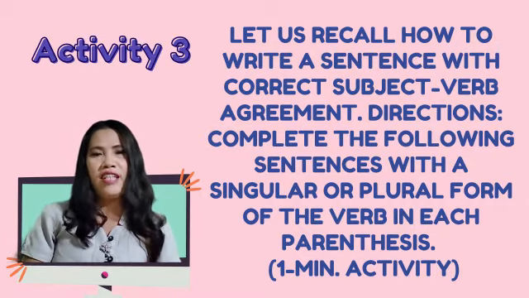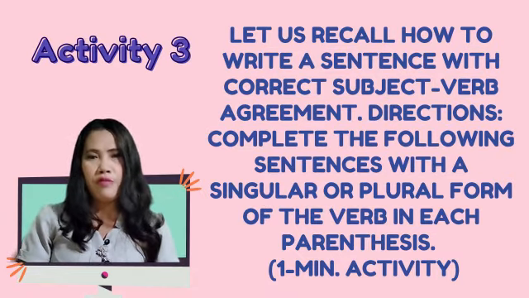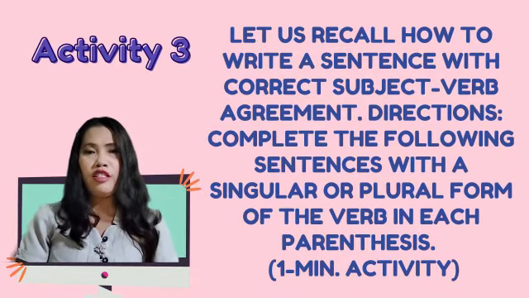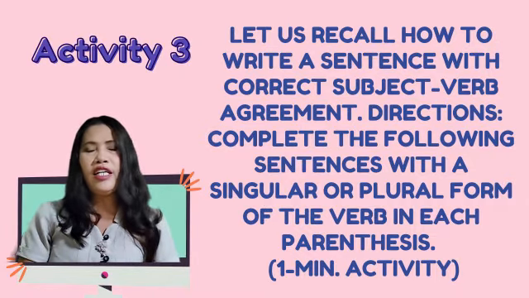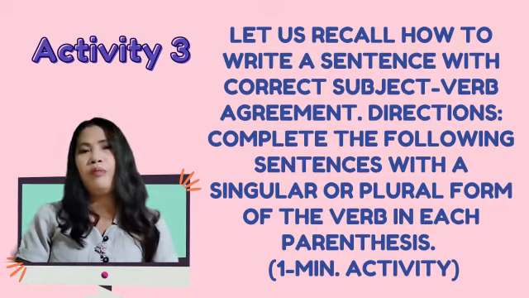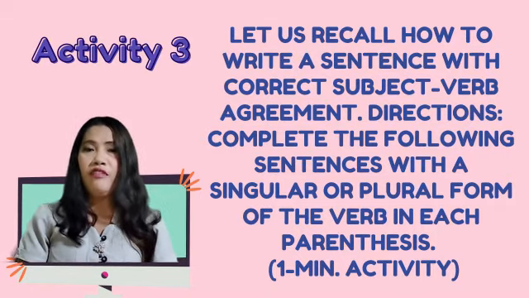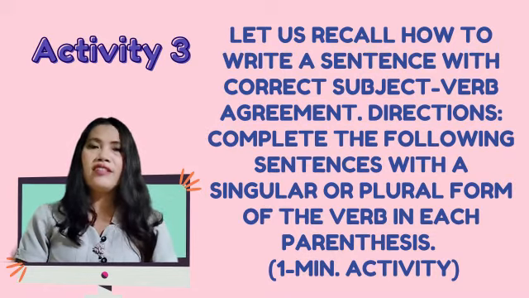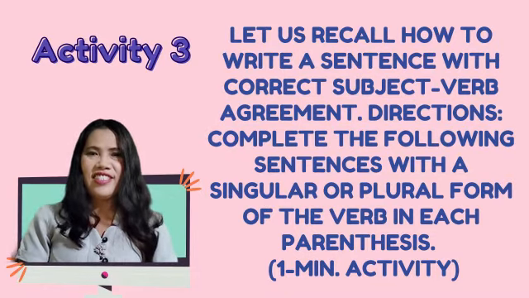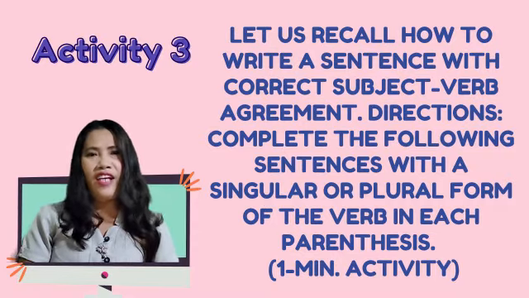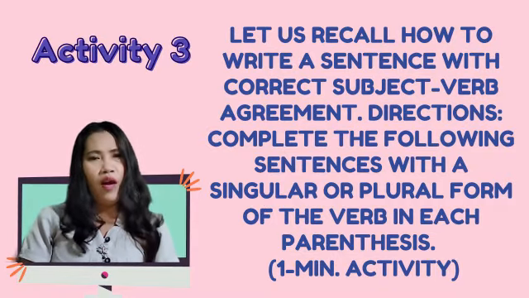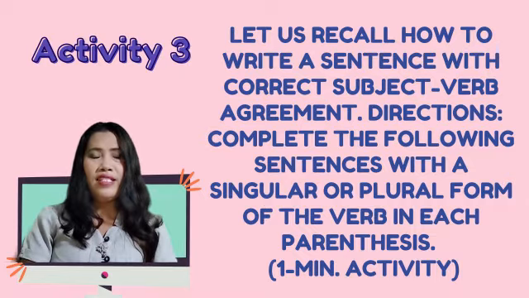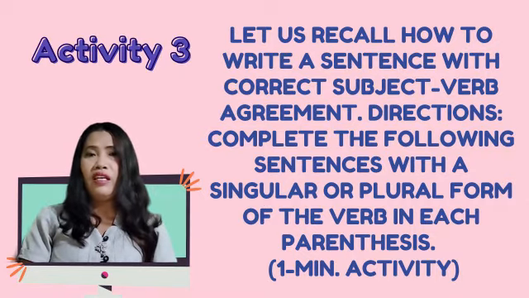Okay, when we say again subject, we are referring to the doer or the topic, or the doer of the action. And when you say verb, it could be an action word or a state of being which tells about the subject. So for the directions in this activity, I want you to complete the following sentences with a singular or a plural form of verb in each parenthesis.